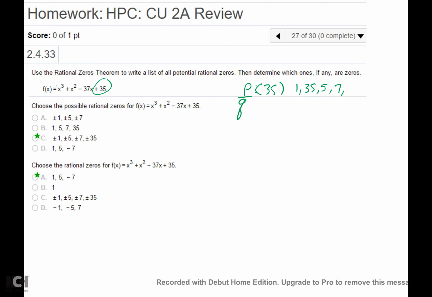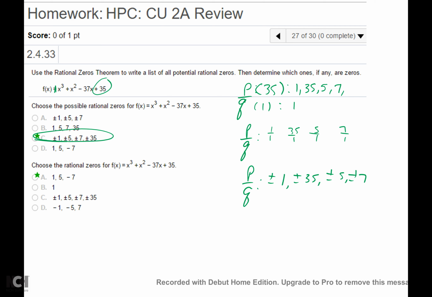Q has to be a factor of the leading coefficient, which is 1, which makes my life easy. The only factors of 1 are 1. So my P over Q list is 1 over 1, 35 over 1, 5 over 1, 7 over 1, which simplifies down to plus or minus 1, plus or minus 35, plus or minus 5, plus or minus 7.